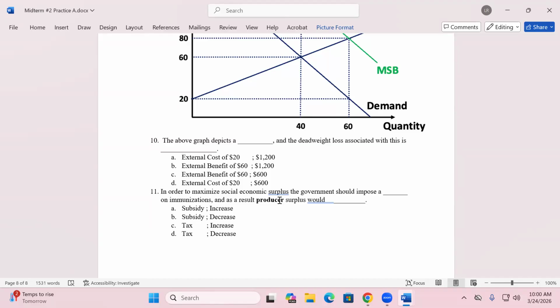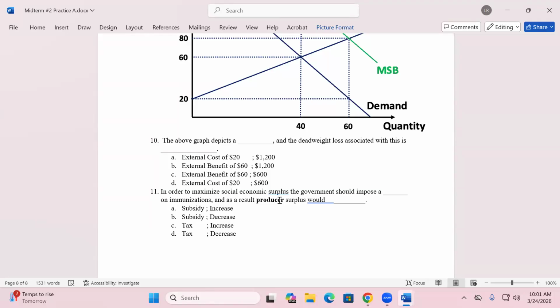So with a subsidy, what's going to end up happening, and you can kind of memorize this rule, if I give people money to do something, so let's say I give it to consumers, what's going to happen? Their surplus is going to go up. Fairly intuitive. If I give you money, is your surplus going to go up or down? Up. So consumer surplus would go up. But no matter who we give the subsidy to, actually both people are going to benefit.